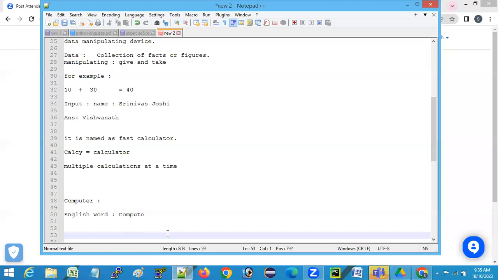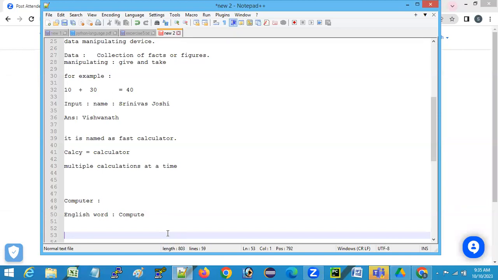This is why the name computer has been given to this device, because there is a word in English called compute. By utilizing this word, they named this device a computer, because compute has several meanings.